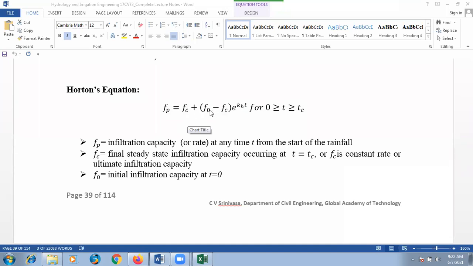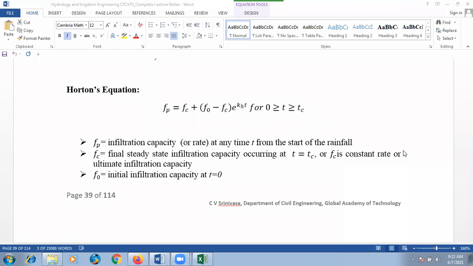Then f0 is the beginning value of the infiltration. So f0, infiltration in the beginning, fc, constant value of infiltration in the end, and fp, at any instant of time, what is the value of infiltration. So based on this, for the time duration 0 to tc, that is, tc is nothing but the duration up to which the recordings are taken.